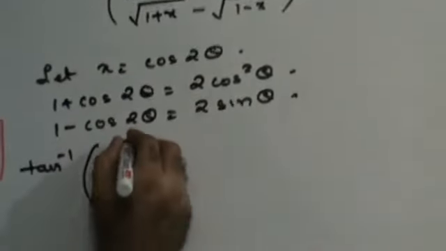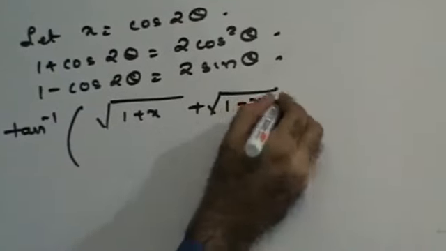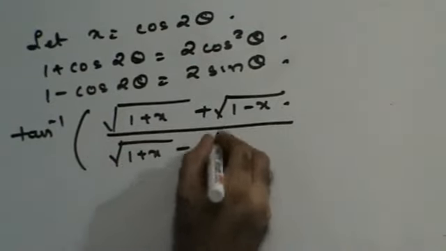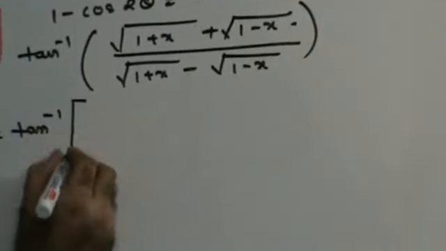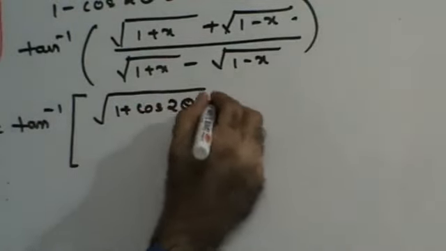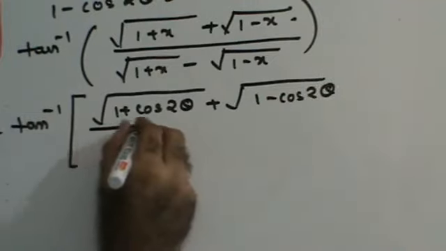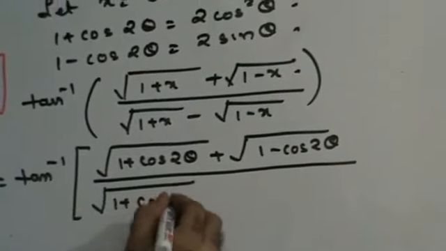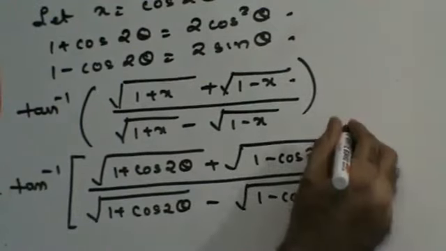Tan inverse of root of 1 plus x plus root of 1 minus x upon root of 1 plus x minus root of 1 minus x. This can be written as tan inverse of root of 1 plus cos 2 theta plus root of 1 minus cos 2 theta upon root of 1 plus cos 2 theta minus root of 1 minus cos 2 theta.